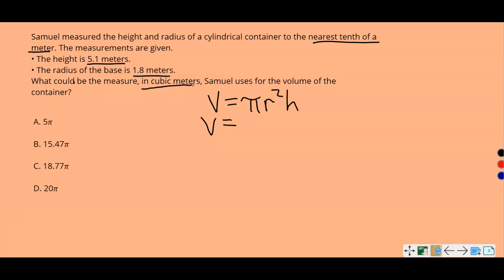That means it's using the same unit for each of these, which is nice, so we don't have to worry about converting units. So we're going to have pi, and if we use the numbers given, we have 1.8 squared times 5.1.